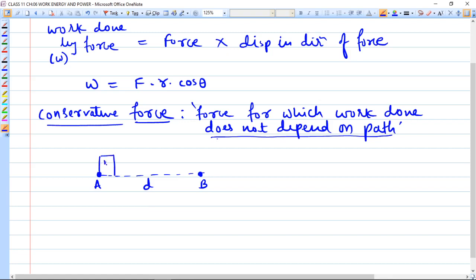The block is having mass M, and you are applying force F like this, and the mass has moved from A to B. Now if it is asked what is the work done, then what will be your answer? It's very simple: F into D, F D cos 0 degree. So the answer is FD. Clear?